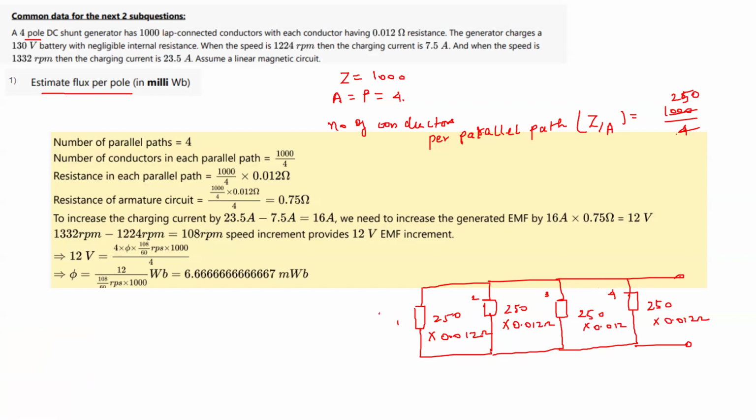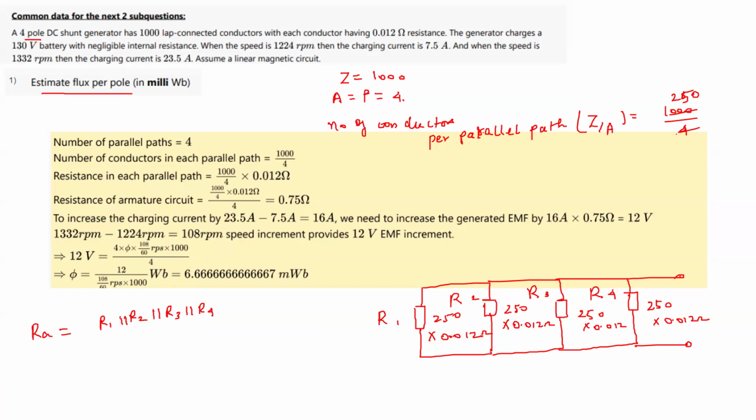Now, what about RA? RA is nothing but R1 parallel to R2, parallel to R3, parallel to R4. So this is the armature resistance.